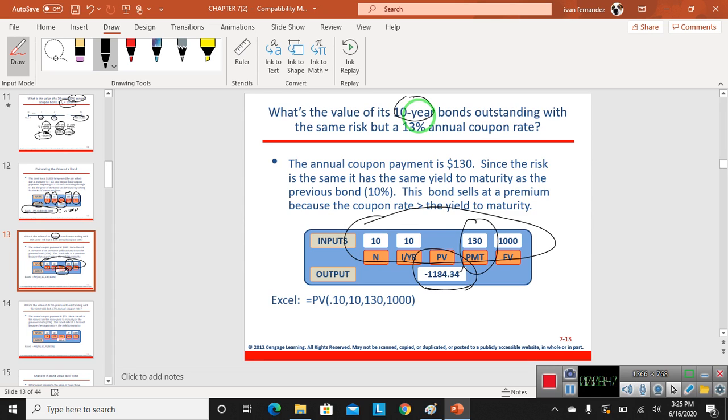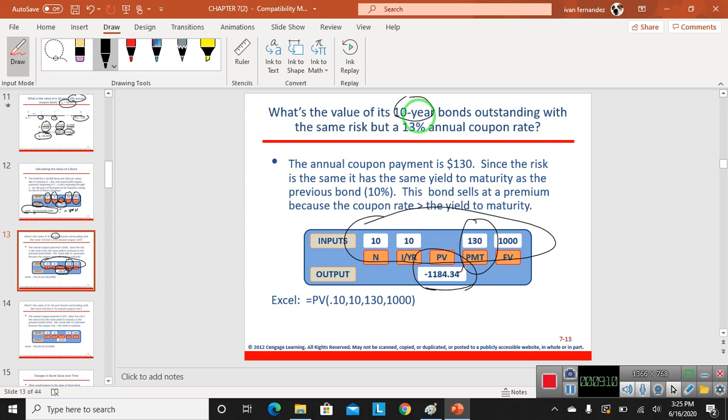As you can see, this bond is now priced higher than the previous bond. This bond is now what we call a premium bond, where you're paying to obtain this bond. You need to pay an amount that is above, is bigger, is larger than the face value of 1,000. And the reason for that is the coupon, your return is higher than what you require.